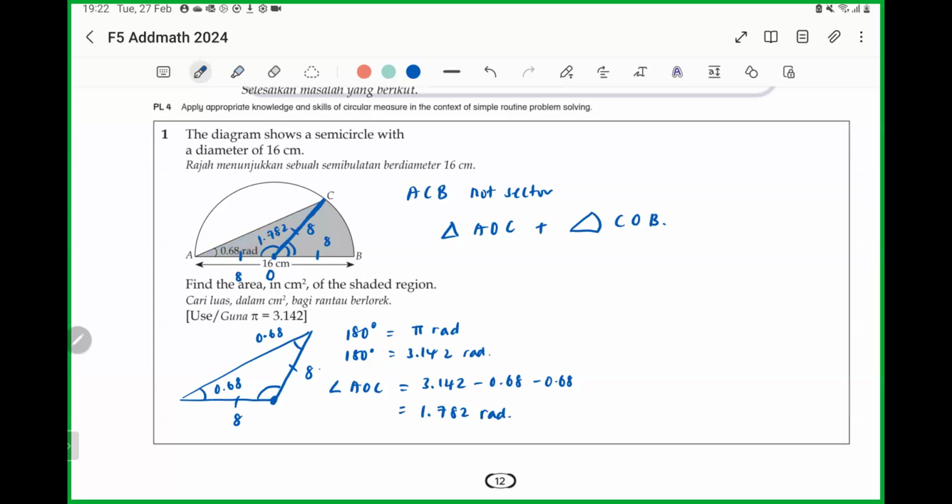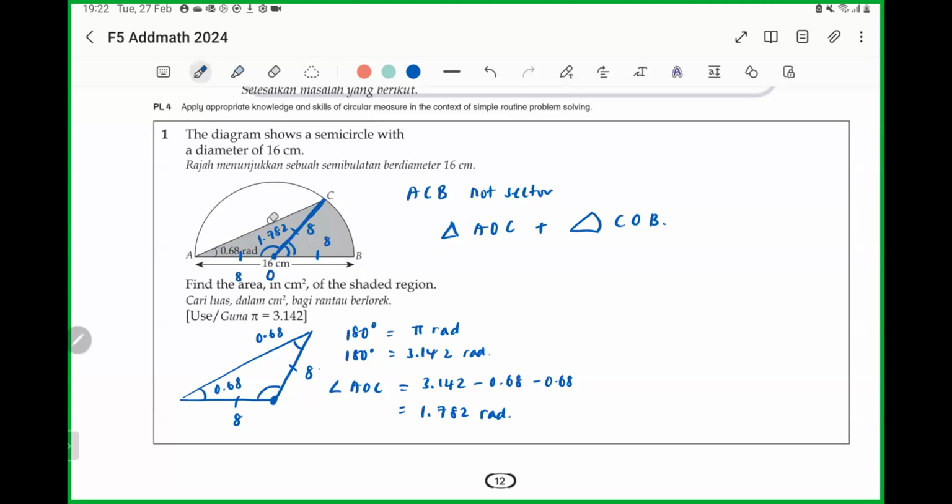You can also convert the 0.68 to degrees, then you minus them, then you have to convert back to radians. Two more steps, but you will still get the correct answer. Don't worry. And then next part, if I want to get the angle for the other side, I will need to take 180 minus also.